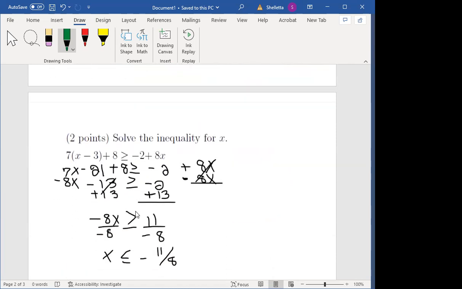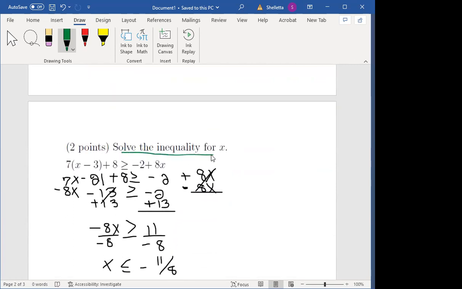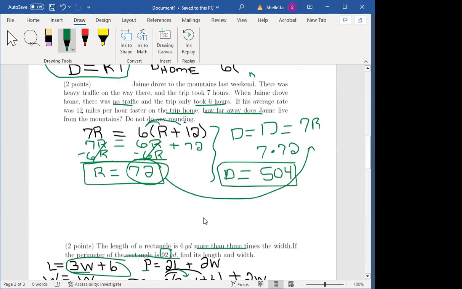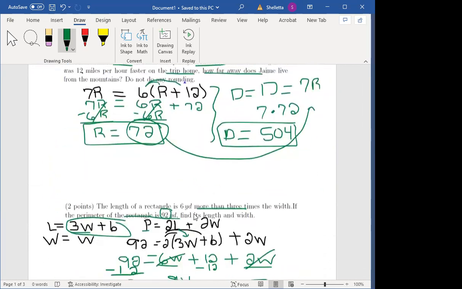All right, the next problem we want to look at deals with solving inequalities. And anytime you have to solve inequalities, we want to be able to refer back to our little caveat that if you multiply or divide by a negative number, you have to reverse the symbol.